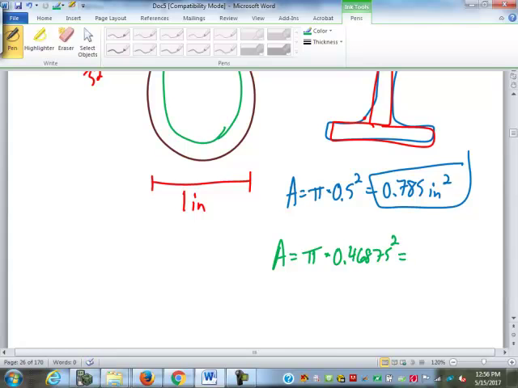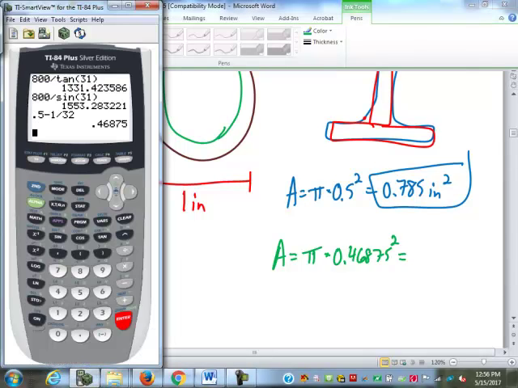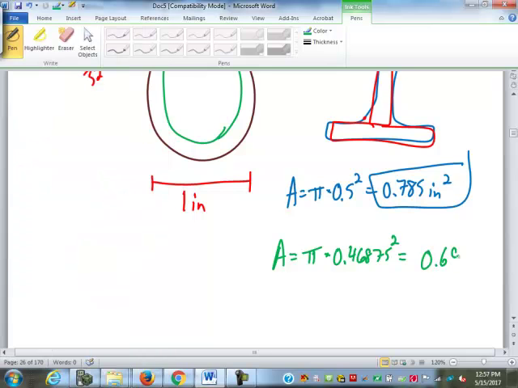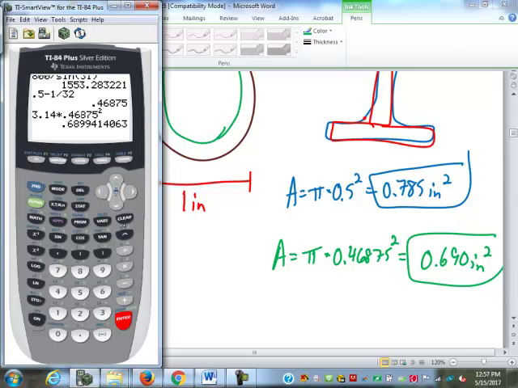Squared, times pi, 0.690, we're going to call it, square inches. If I take that 0.690 and I divide it by the 0.785, that's down to under 88% of the area.